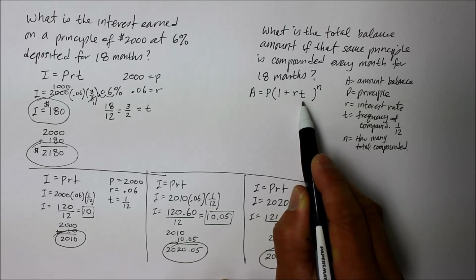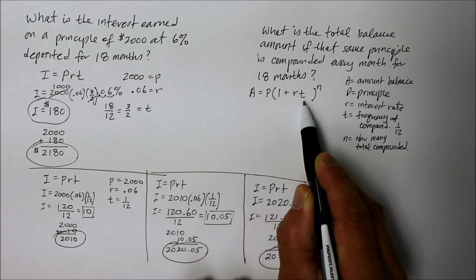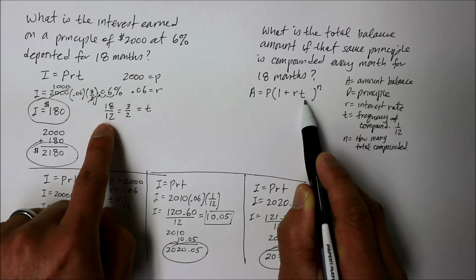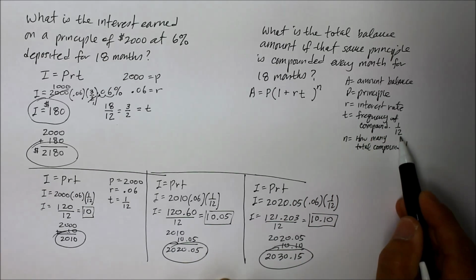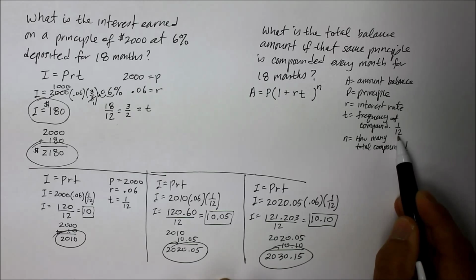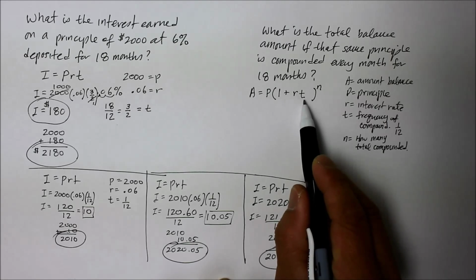Now the time is not 18 months anymore like before. This is not simple interest. The time refers to, not 18 over 12, but since we're doing it every month, it's going to be 1 out of 12. In 1 year, each month, we're going to calculate the interest or compound it. Whatever interest you get, we're going to add to it. So it's going to be 1 over 12 instead.